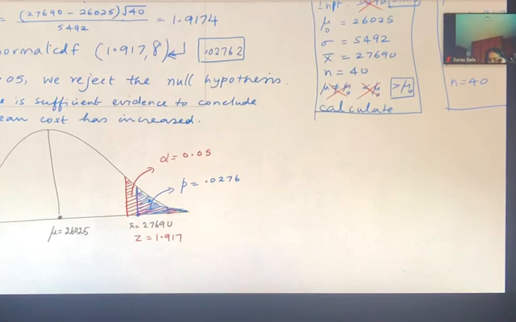It is falling in the rejection zone. So this is my rejection zone, or rejection region. And alpha is going to be 0.05.